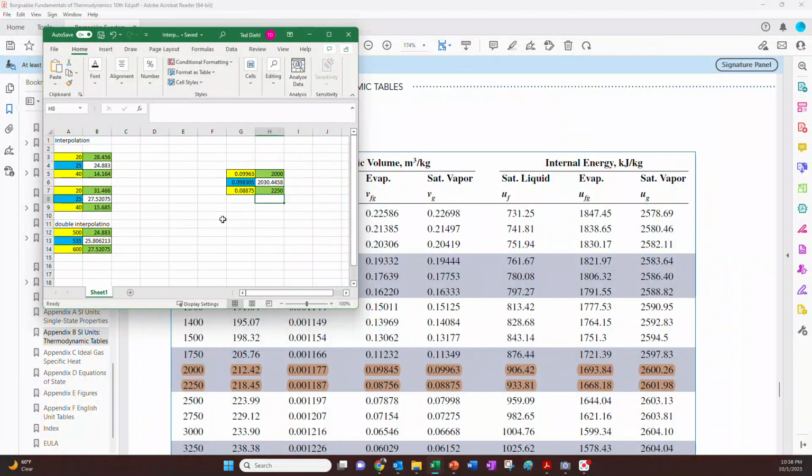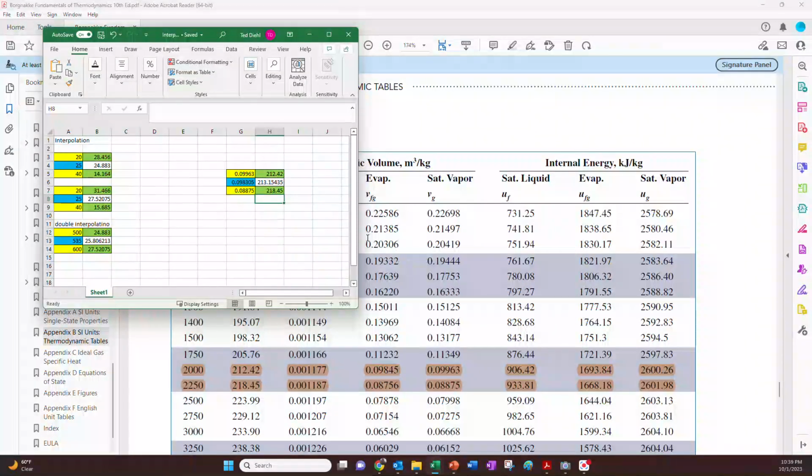And maybe we want the temperature, which is still going to be that temperature, so we could just go ahead and write these other ones in there: 212.42, and then the one over, 218.45, boom. And we're going to end up with 213.15 degrees Celsius.